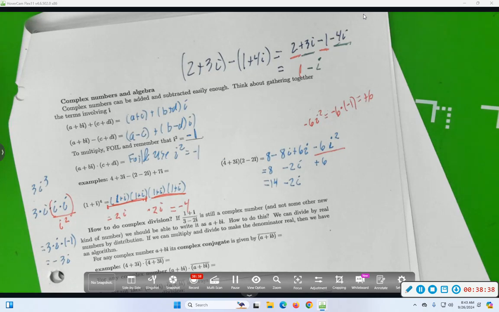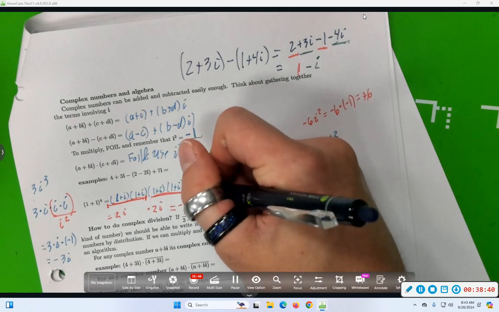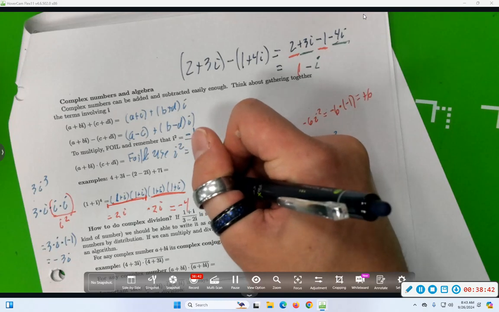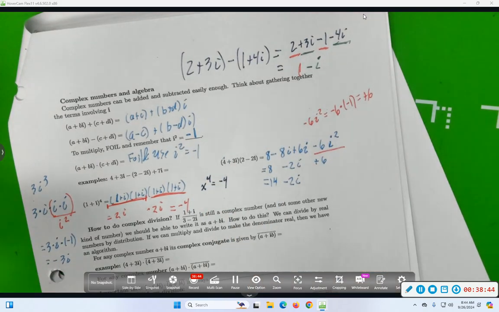In fact, if I were to ask you, what is a solution to x to the 4th equals negative 4, could you now tell me a solution? Yeah, 1 plus i. I mean, you didn't find it, you happened onto it by checking a thing.